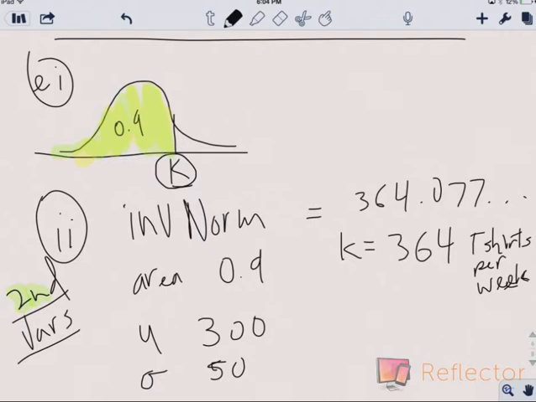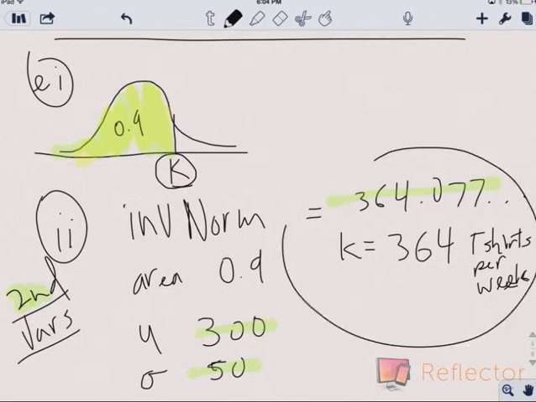That's basically saying 90% of the area under that curve, or a 90% probability that this will happen. And so you again are going to use your mean and standard deviation as given. The output is 364.077. You can round that to 3 significant figures if you like.